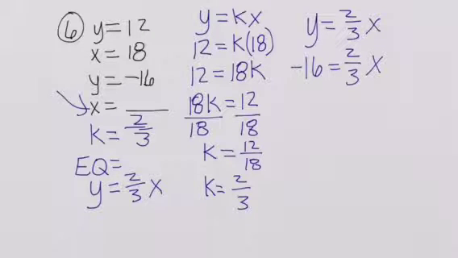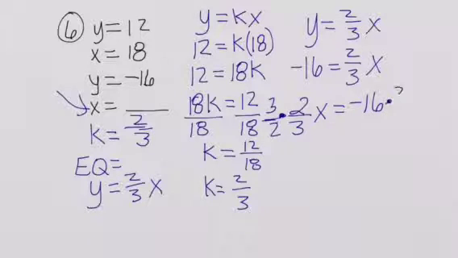Now we're going to do symmetrical, so it's going to be 2/3 x is equal to negative 16. To make this fraction go bye-bye, we flip it over and multiply, or we multiply by its multiplicative inverse. Whatever we do on one side, we do on the other side, brother-sister rule. So these cancel out.